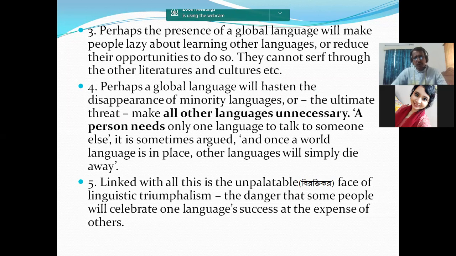Linked with all this is the unpalatable face of linguistic triumphalism: the danger that some people will celebrate one language's success at the expense of others. So if people are congratulating and celebrating the presence of the English language, simultaneously, because of the presence of English, other minority languages will die away.